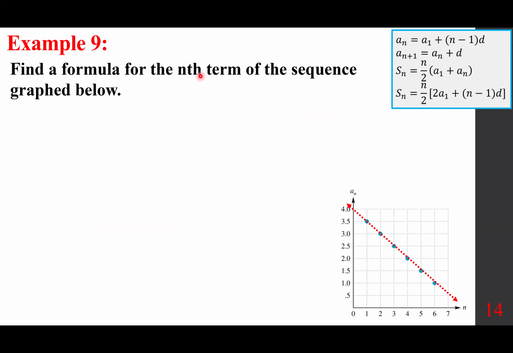Find the formula for the nth term of the sequence graphed below.